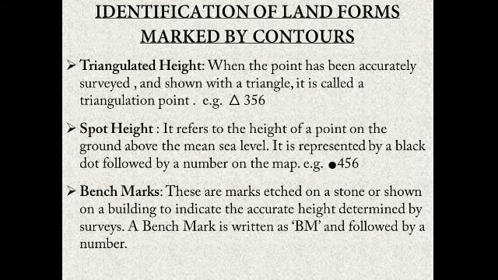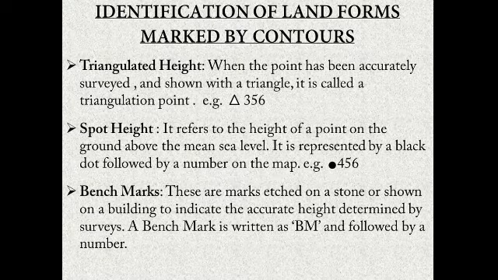Then spot height. It refers to the height of a point on the ground above the mean sea level. It is represented by a black dot. Spot height is a black dot followed by a number on the map. In both spot height and triangulated height, you can see the sign of a spot and a triangle, followed by a number.